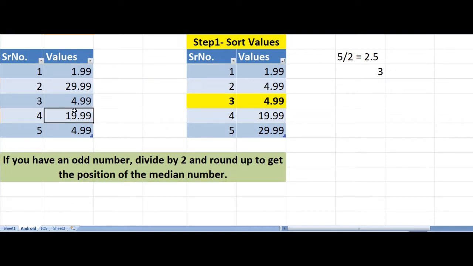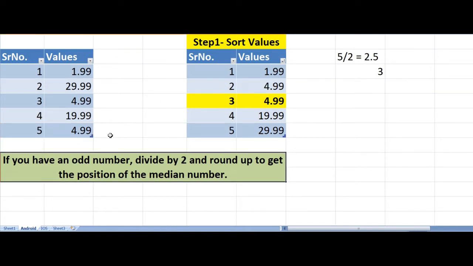Like here in the example, I have considered 5 values. So now how to compute the median in such scenarios? What it says is, if you have an odd number, divide by 2 and round up to get the position of the median number.